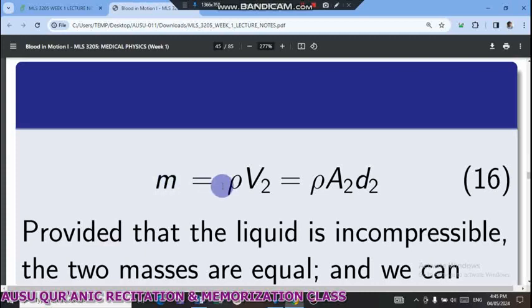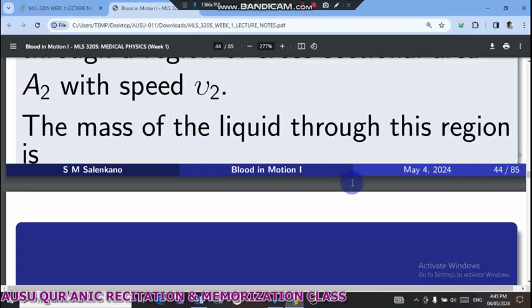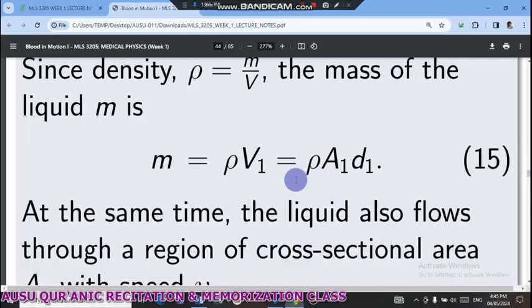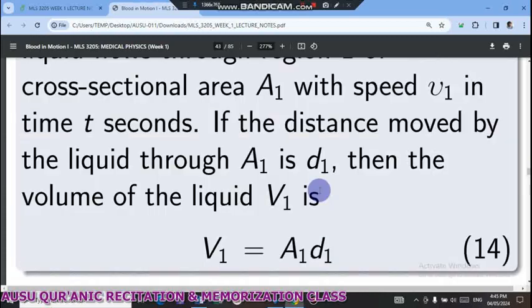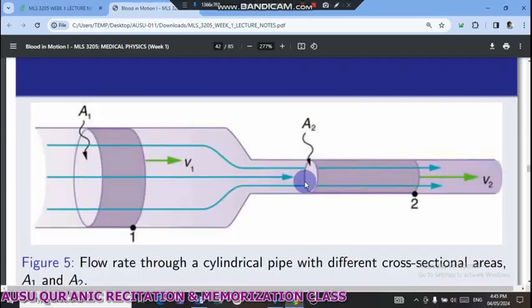So our mass is the density times the volume in that region. So the volume in that region will be A2 D2. In the same way, we found the volume in region 1 as rho A1 D1. So that one will also be A2 D2, and it's a cylinder.